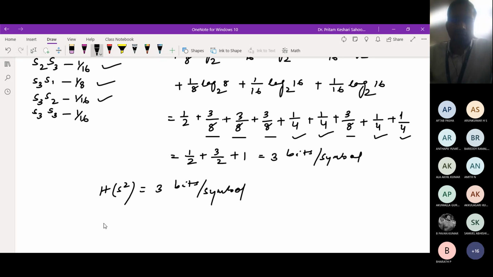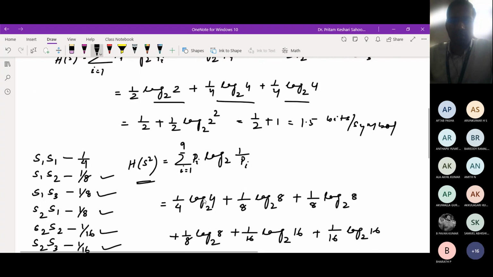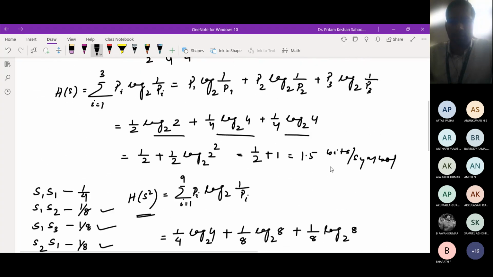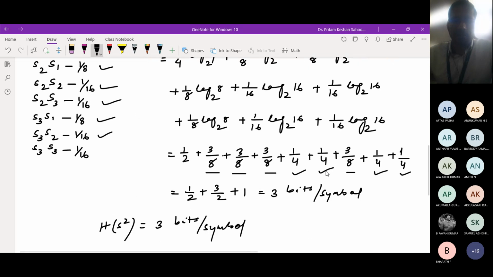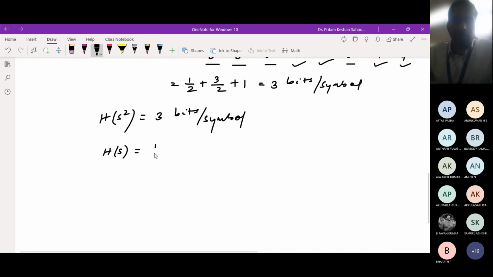And earlier we had obtained for the first extension, that is the value of H(S), 1.5 bits per symbol. All right. So if you compare these two entropies, one is the second extension entropy, another is the original entropy.